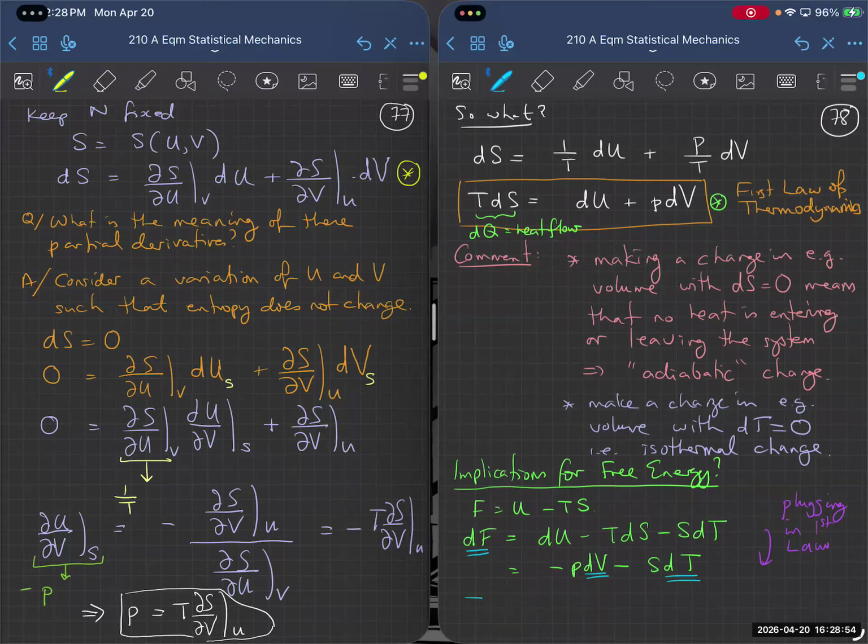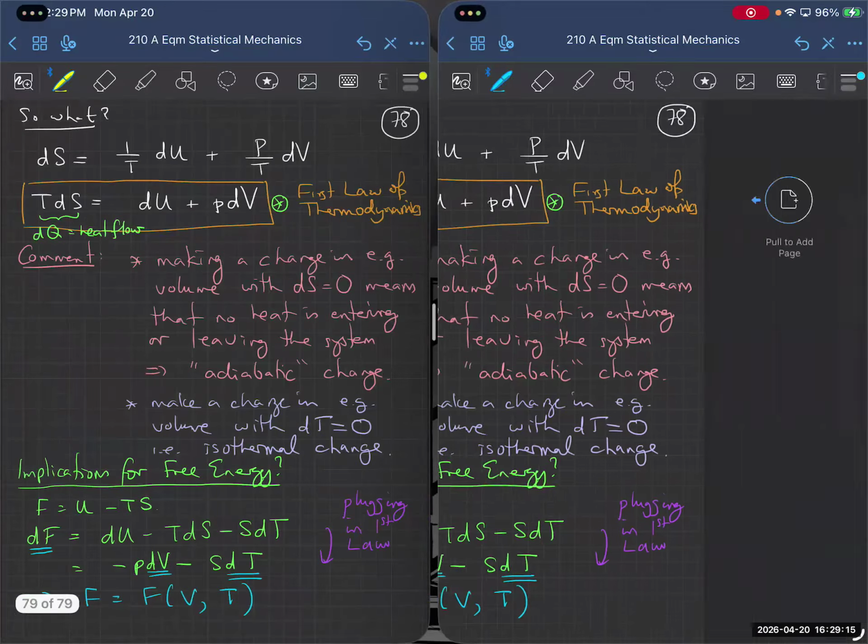So that implies for me that the free energy is actually a function of the volume of the system and the temperature. So if you want to know what it depends on, the answer is it depends on the volume and the temperature. Doesn't depend on the pressure, doesn't depend on the entropy. Does indirectly, but those are the things that it depends on.